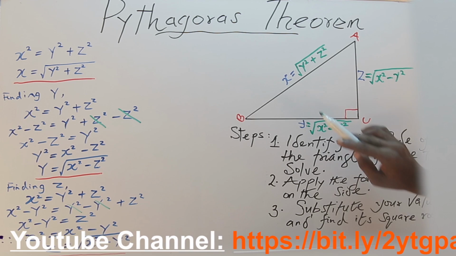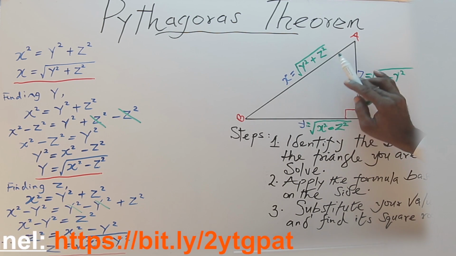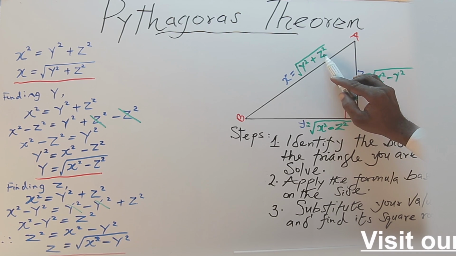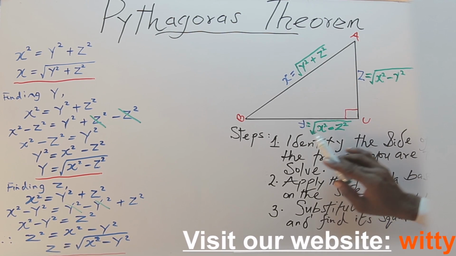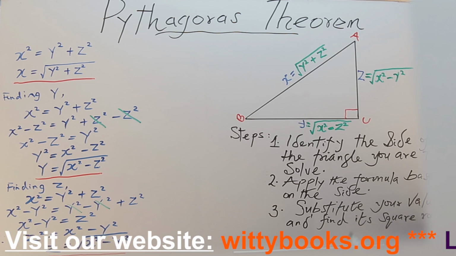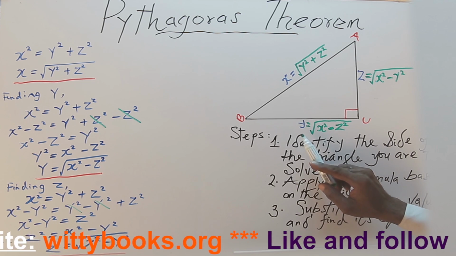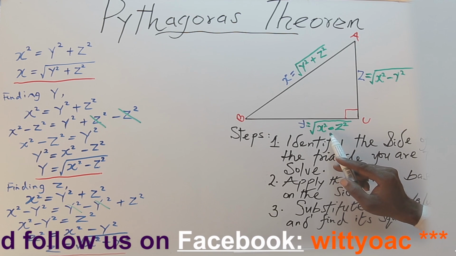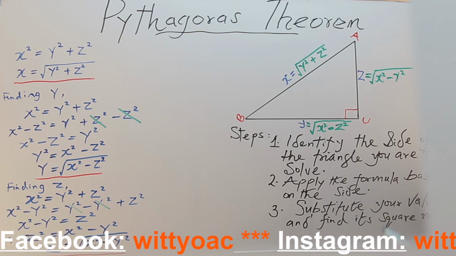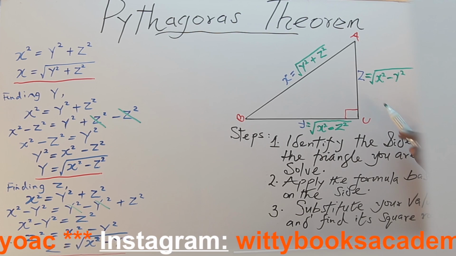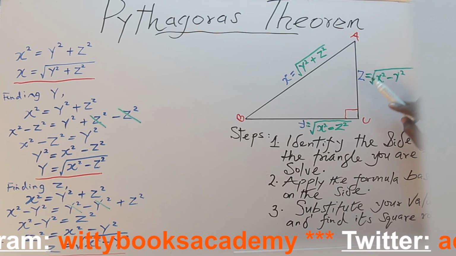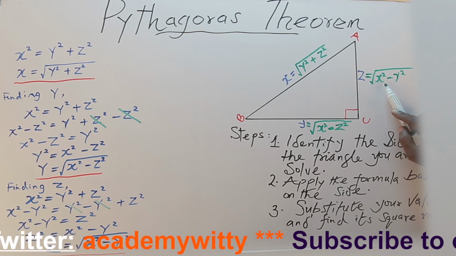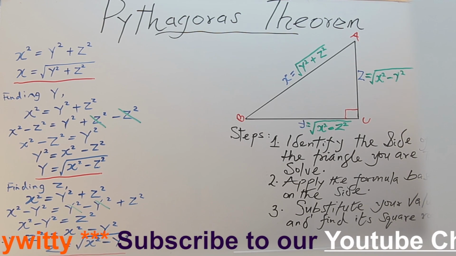So in Pythagoras theorem, if we are asked to calculate the hypotenuse, we have the square root of Y squared plus Z squared. Then if we are asked to find the base of the triangle, we have Y equals the square root of X squared minus Z squared, and then to find the height, we can calculate that Z equals the square root of X squared minus Y squared.